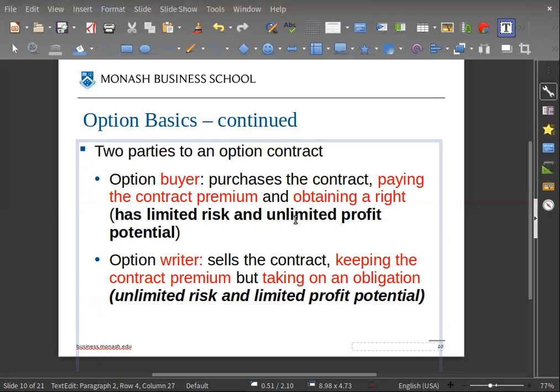Option is a zero-sum game, so somebody's gain is the other party's loss. So because we as an option buyer have limited risk and unlimited profit potential, the option writer will have unlimited risk and limited profit potential. I want you to keep this in your mind. Okay, next slide. Real life example.